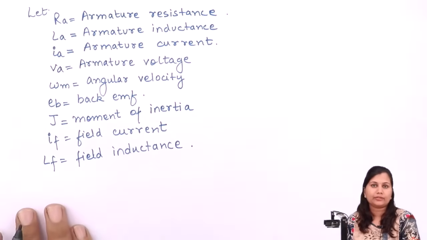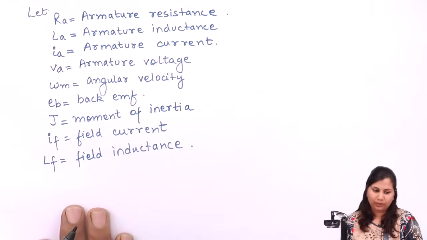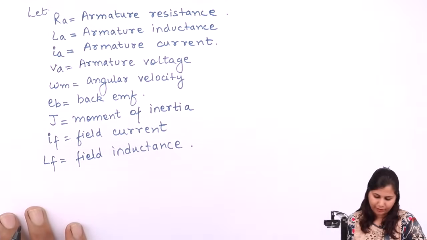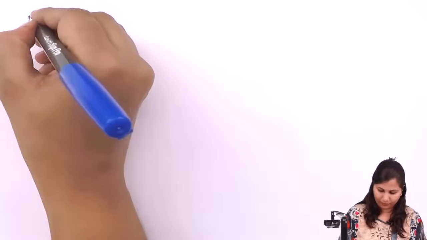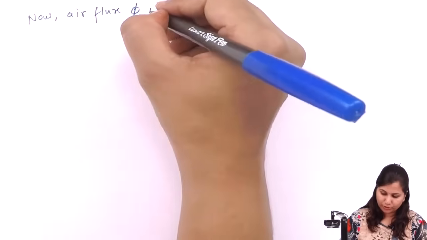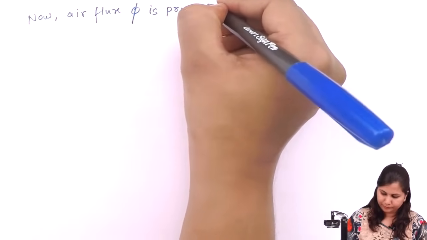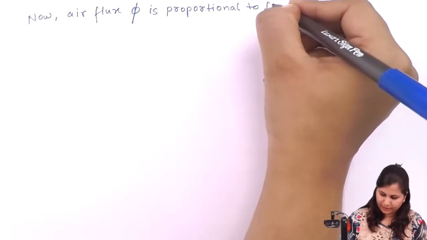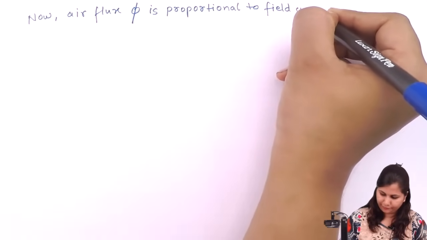So we have defined all the variables. Now let us see that the air gap flux phi is proportional to the field current IF.